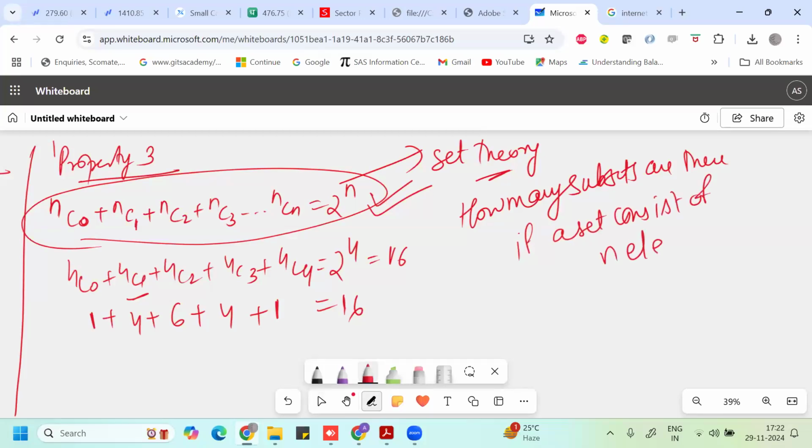I hope you remember, the first chapter I taught you was set theory, if I'm not wrong. 100% one question comes in set theory based on this formula. Clear, na everyone?